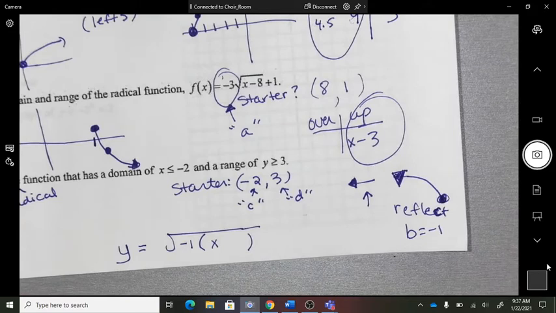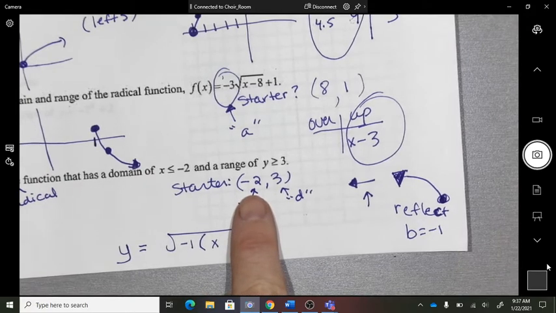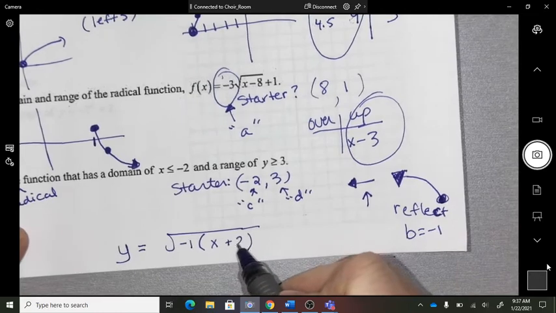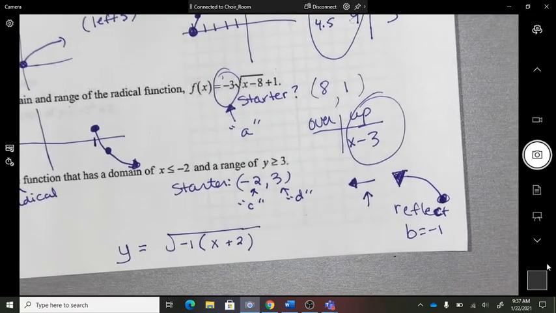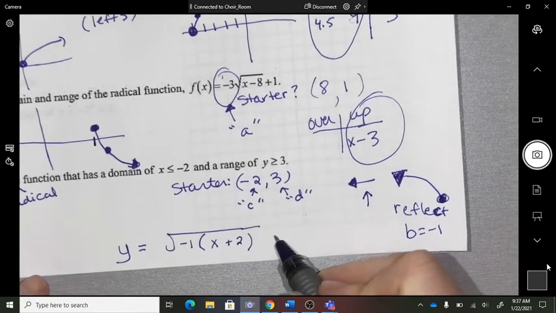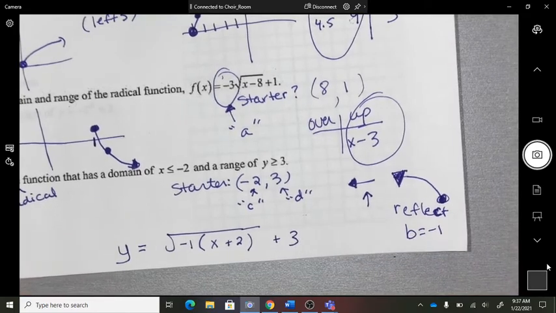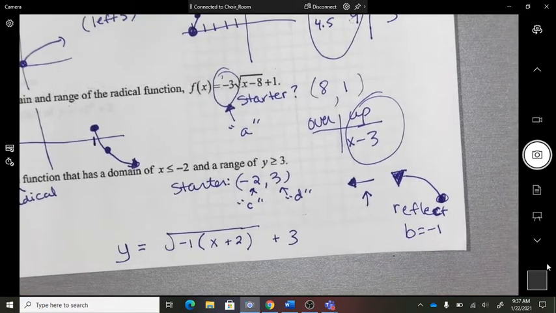Hint, hint. Somewhere on the exam, I did something like that, right? You have to factor B out. And then I need to move, how do I move left 2? I would actually need to write a +2. And I move up 3. There you go.